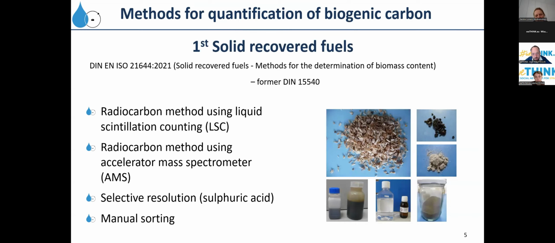So the results are not the same. And the norm also describes the manual sorting in a qualified way. I'm not sure if it's still applied in some countries in the EU and if it can be used, but it's still there. So maybe people still use it.